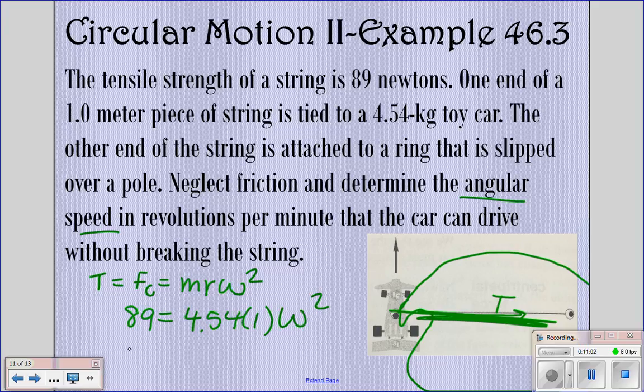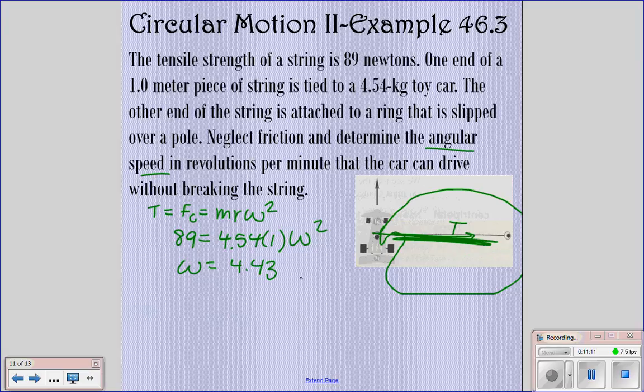And so if you solve that, you should get 4.43. And the units on this is going to be radians per second, because we're dealing with newtons. Our omega is going to come out in radians per second, but we need to find it in revolutions per minute.